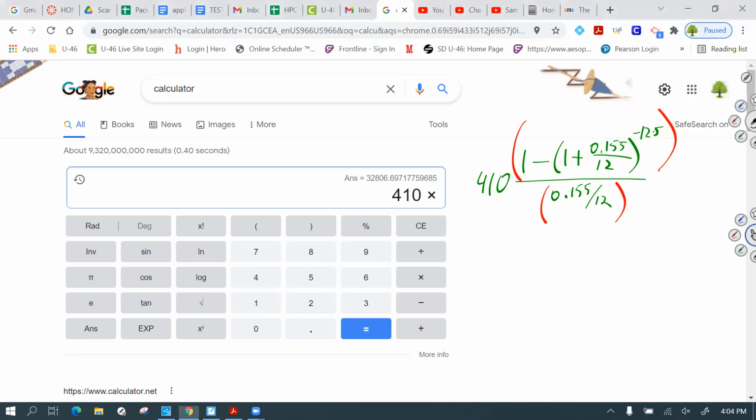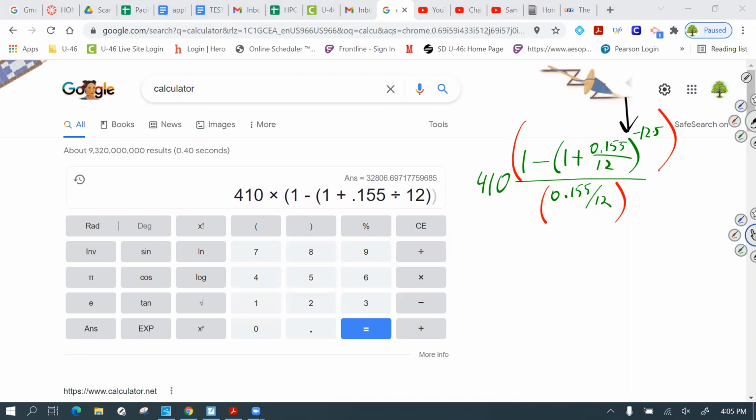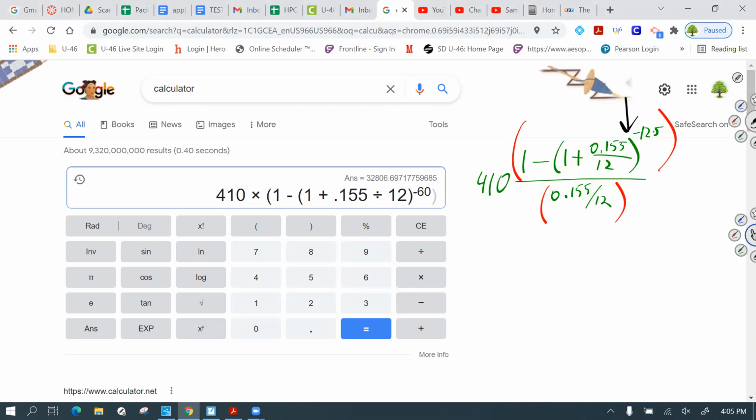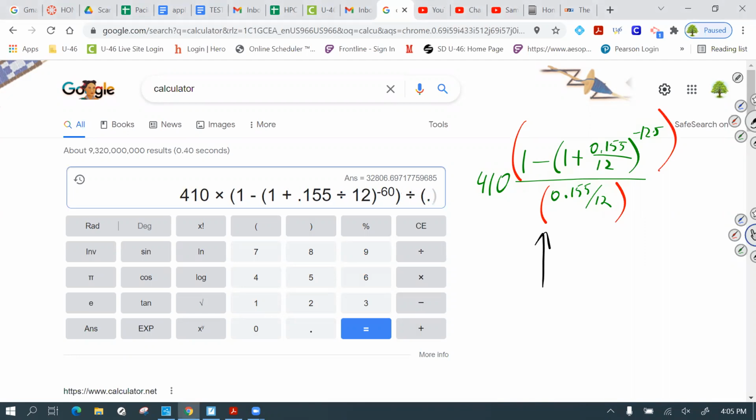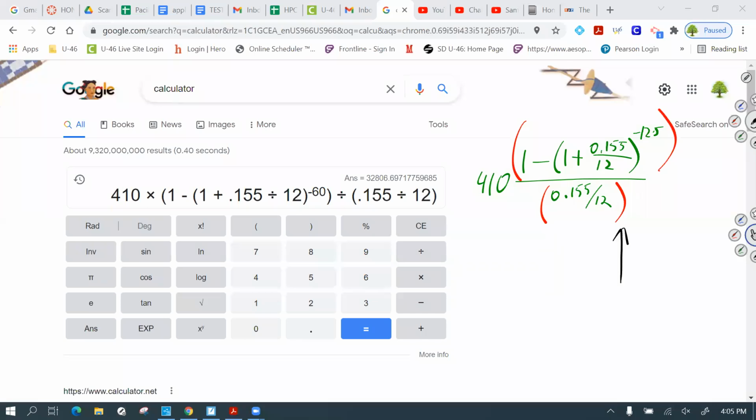So 410 times parentheses, 1 minus parentheses again, 1 plus 0.155 divided by 12, close that parentheses, raised to the negative 60. Close the parentheses, so I just did that red one, divided by parentheses again, 0.155 divided by 12, close parentheses, press enter.